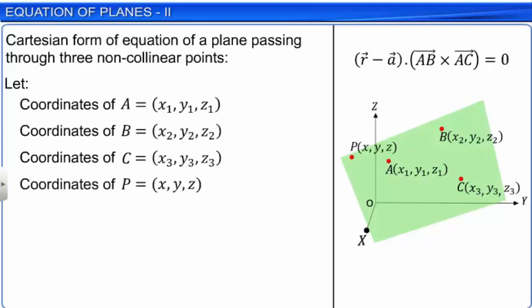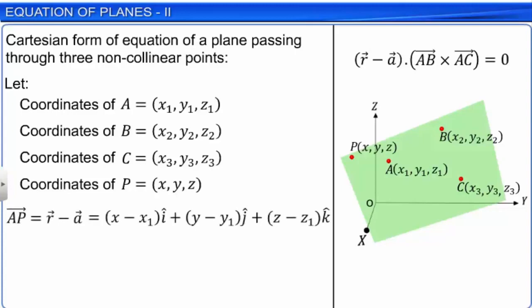If the position vectors of points A and P are vector A and vector r respectively, then we can write vector AP as shown. Similarly, we can write vector AB and vector AC as shown.